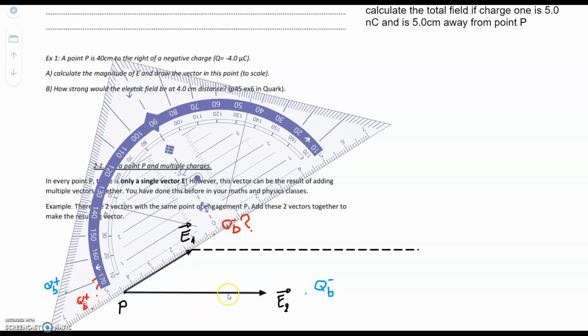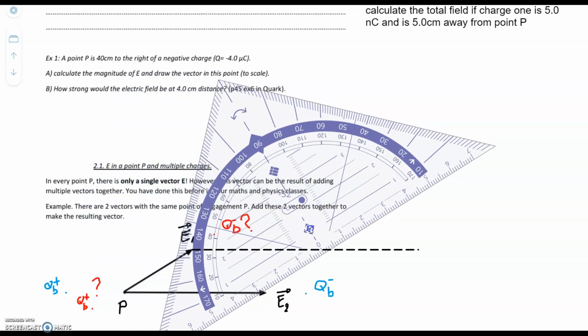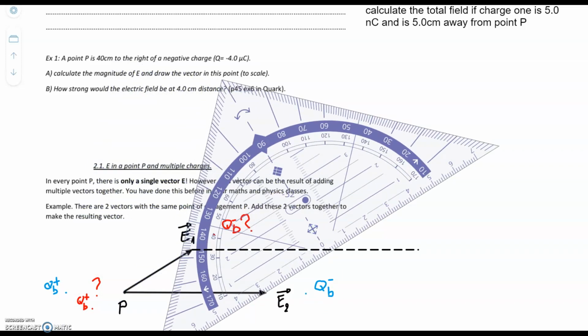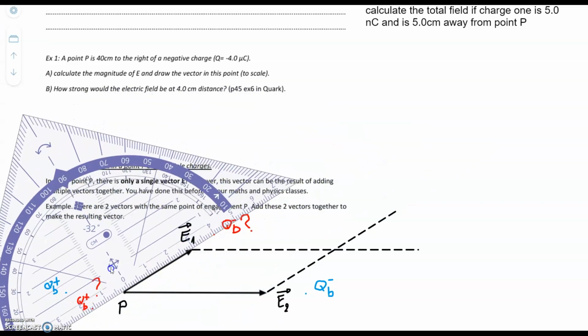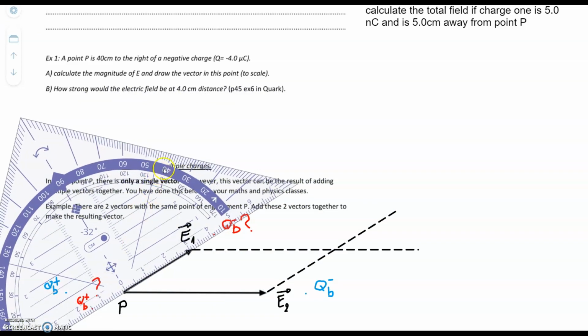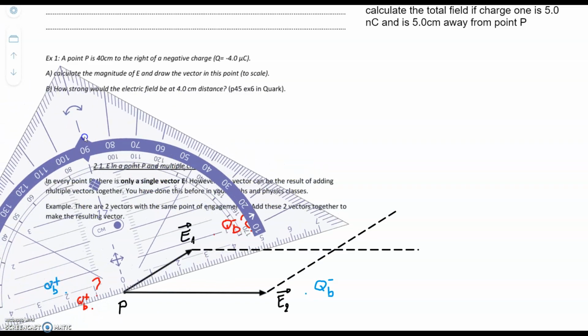and where do I do this? Not just at any random place. I try to make sure that that parallel line starts at the end of the second vector in this case. Right. If I add these two together, what do I end up with? I'm going to make this one slightly larger, just so it's easier to do.